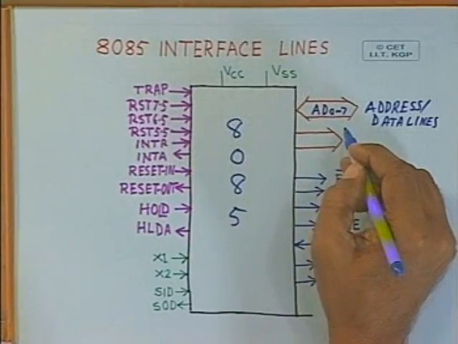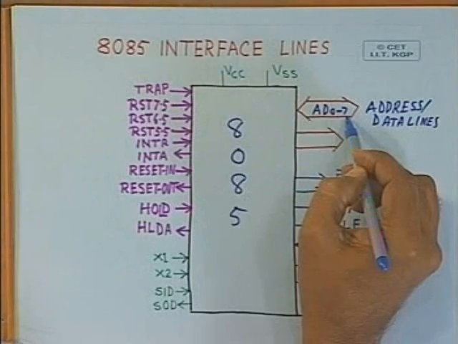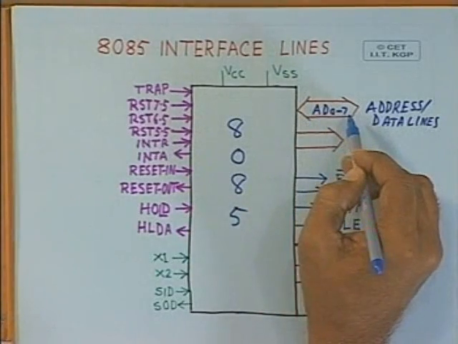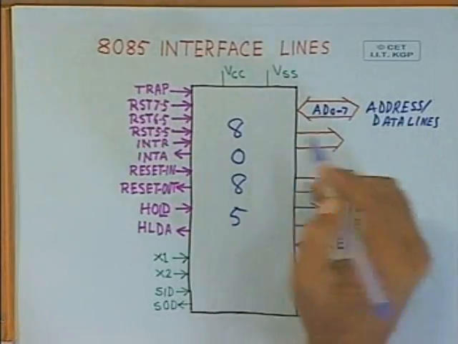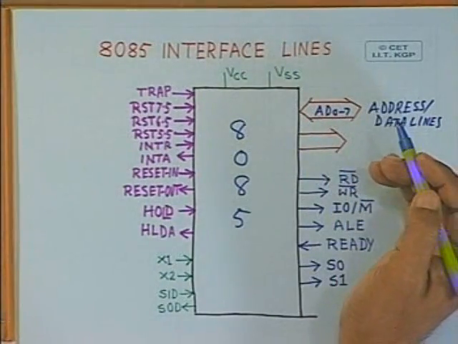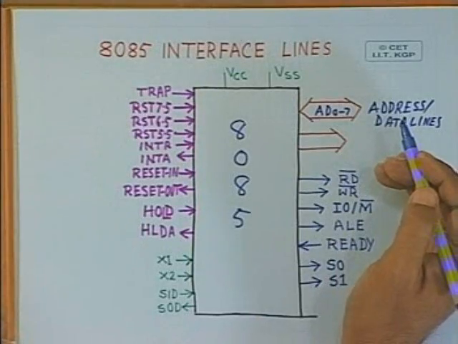As I told you, to optimize the usage of the number of pins, some pins are used for dual purpose. Here are those lines. AD stands for address and data. That means same lines are used to generate address, same lines are used for receiving data or transferring data to or from the outside world, memory and input output devices.